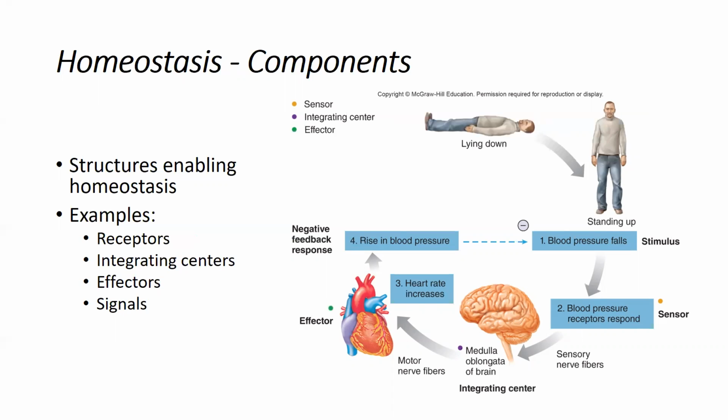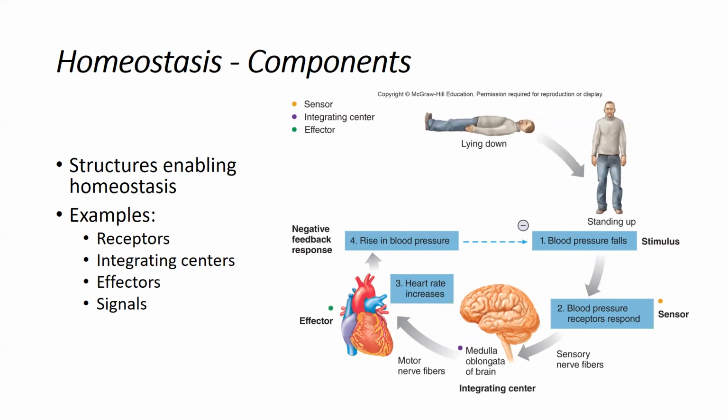The first thing that's going to happen is that drop in blood pressure is going to generate a stimulus. It's going to send a signal to certain receptors that are found throughout the body, and that signal is basically: you lost blood pressure. You have a drop in blood pressure. These receptors will then communicate to the integrating centers.